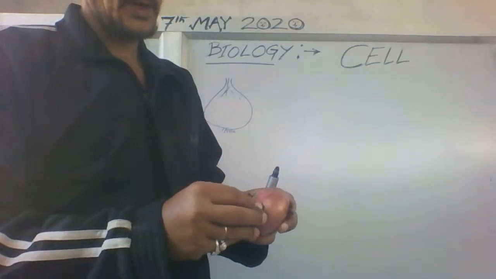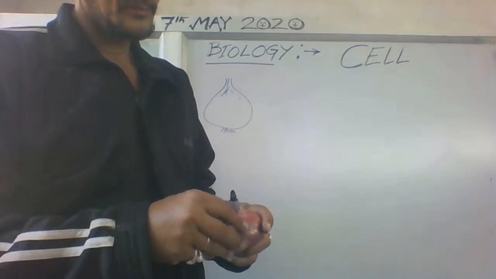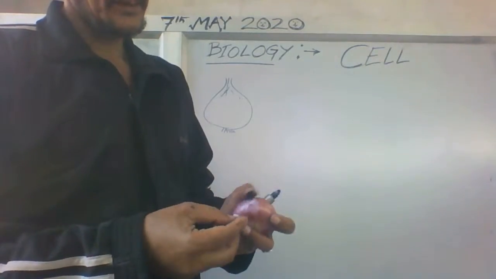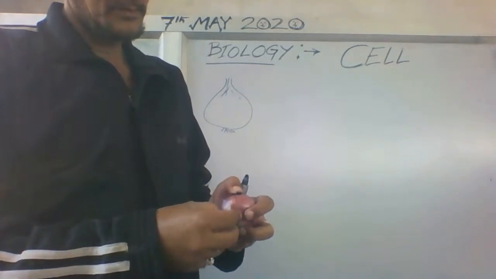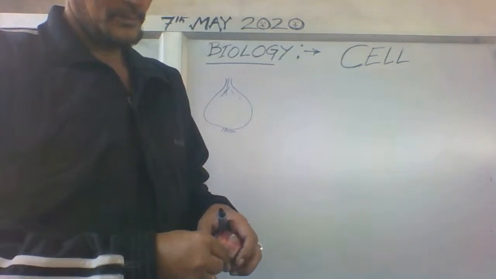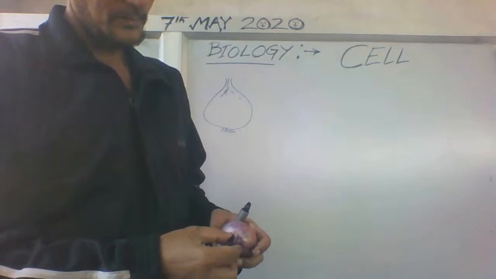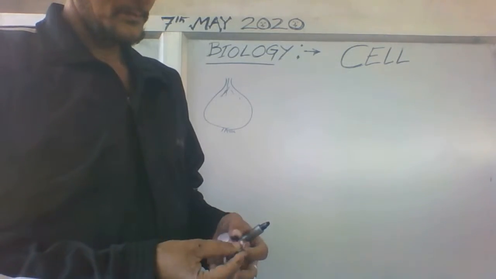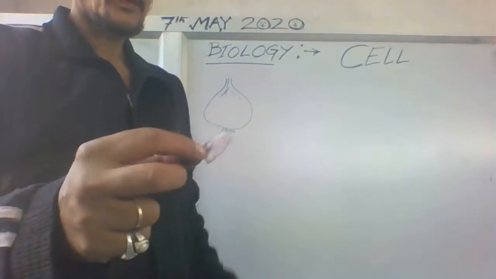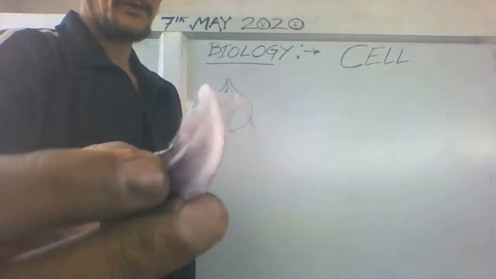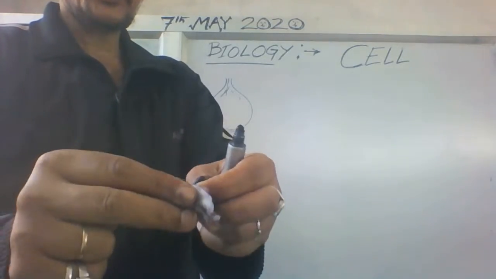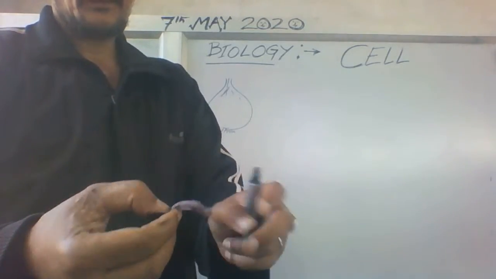I am removing its outer part, and taking out one peel. Like this. This is a part of the onion I have taken out, and I am removing its one surface. Its outer surface I am removing with my hand.